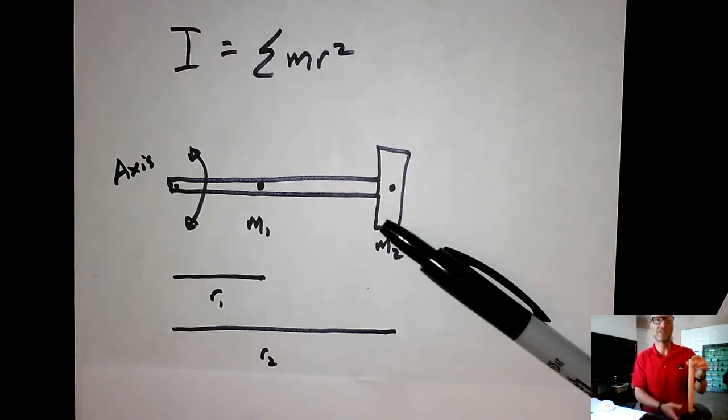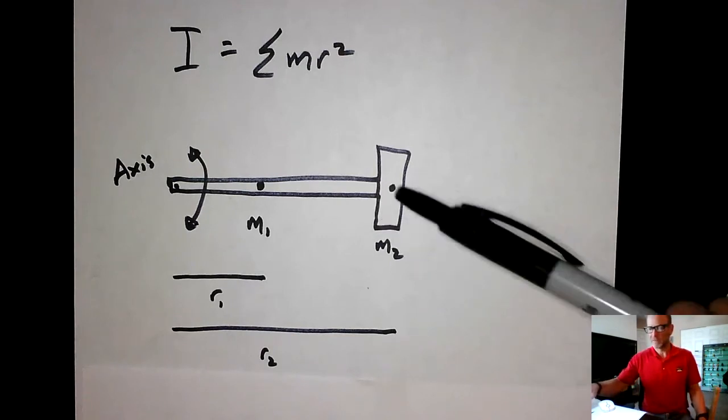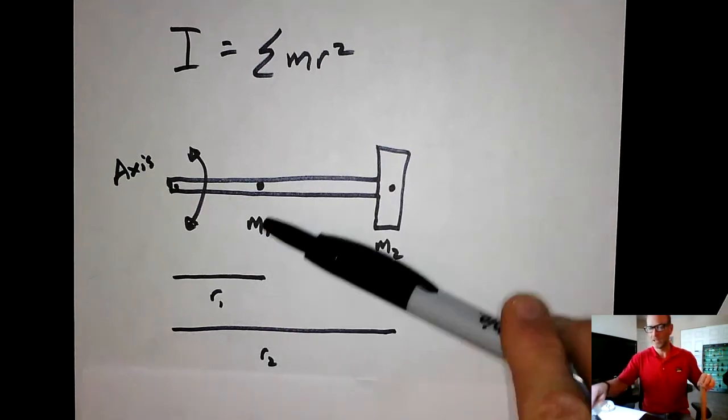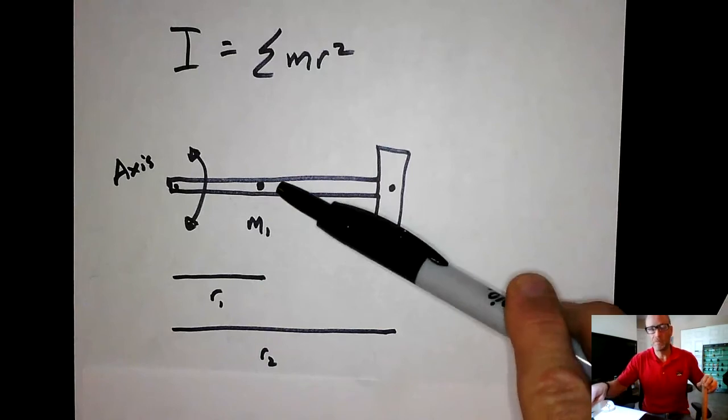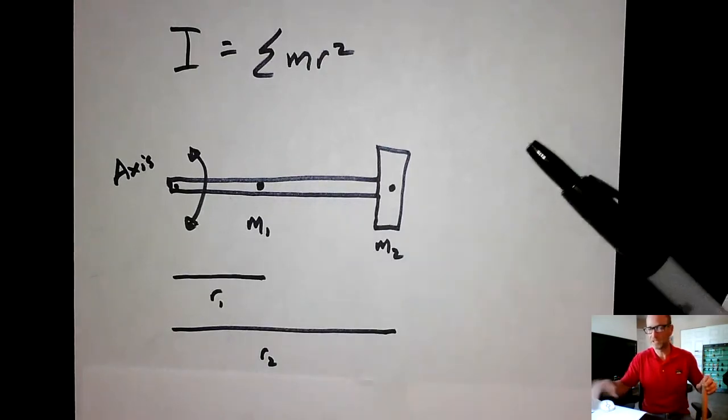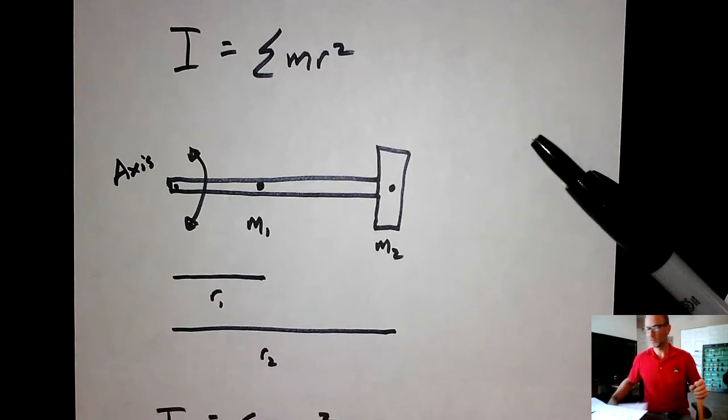We would get into the details of moment of inertia down the road. There are some other ways to get to moment of inertia other than just using this straight up calculation. So if I have this mass here at the end of the object, I would measure this distance, how far it is from the axis of rotation, and I would do the same thing for this point mass, just pretending the handle is a single point, and then measuring where that is relative to the axis of rotation.